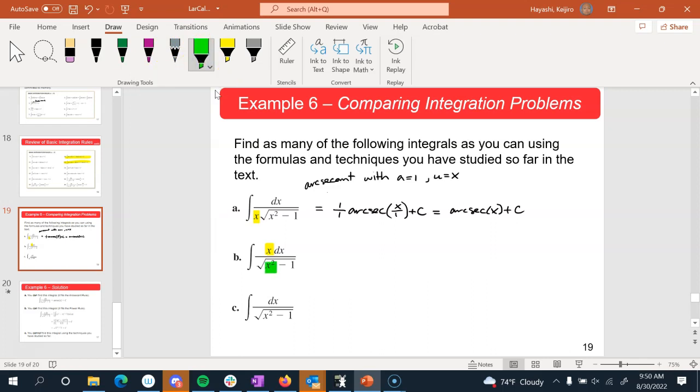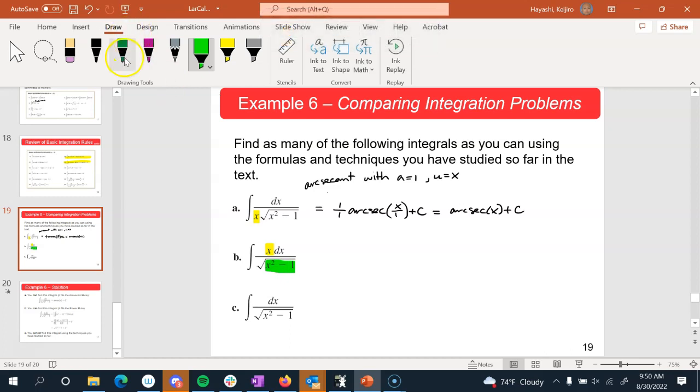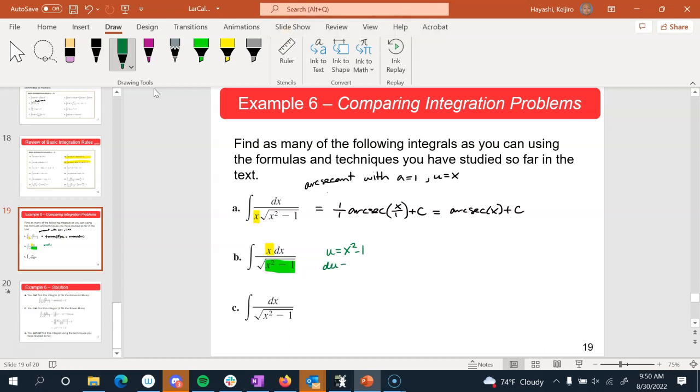well, let's just see what happens if we allow this x squared minus 1, this function that's inside of this other function, that's technically inside of a third function, to be called u. So if u is this x squared minus 1, well, then du should be 2x dx.